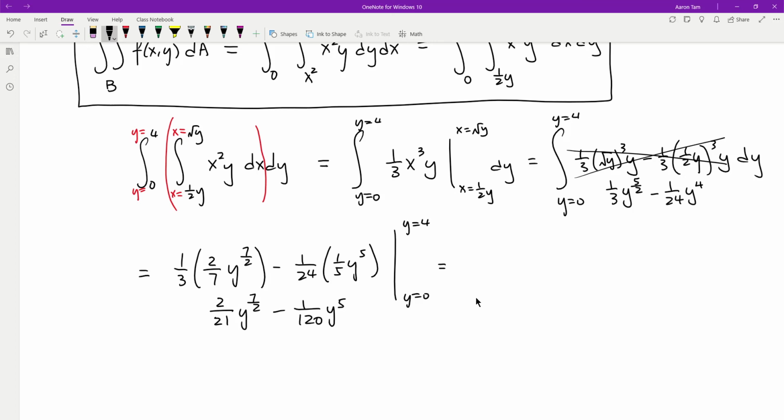So therefore, when I plug in 0, this whole thing goes away. So I just have to worry about plugging in 4. All right, so let's see.